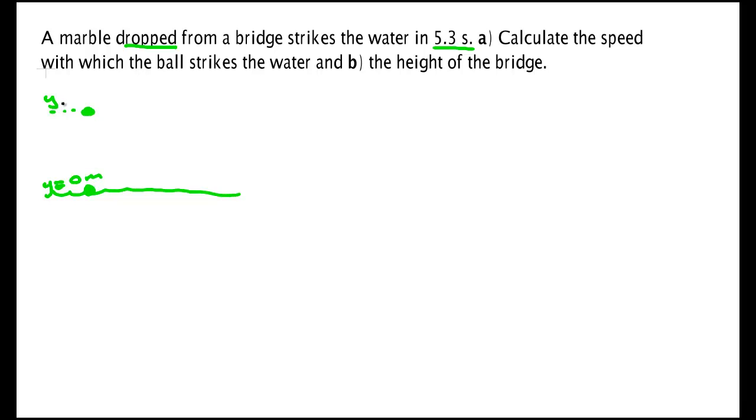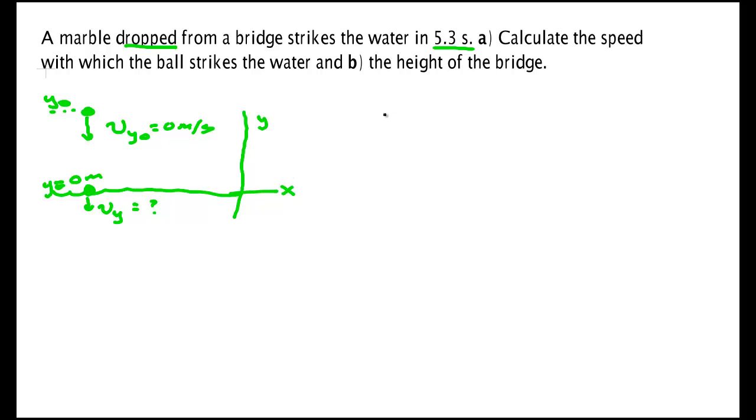So this was y naught, which I don't know. And it's dropped with a vy naught equals 0 meters per second. And it eventually has some new speed right before it hits the water, which I don't know. And of course, we need our coordinate system. So there's x, there's y.